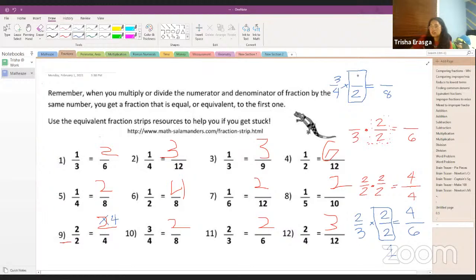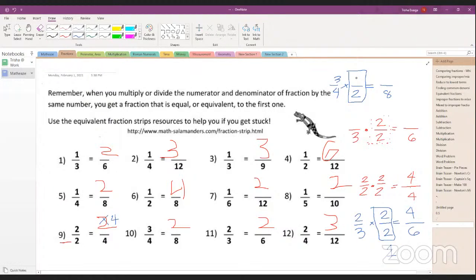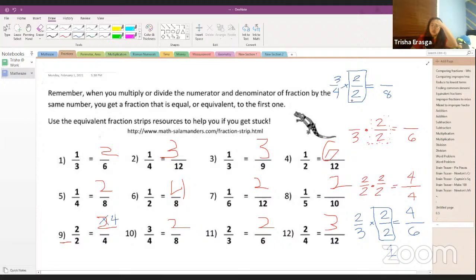It's 2. Yeah, it's 2. So you're multiplying the bottom with 2, so you should multiply the top with 2 as well.